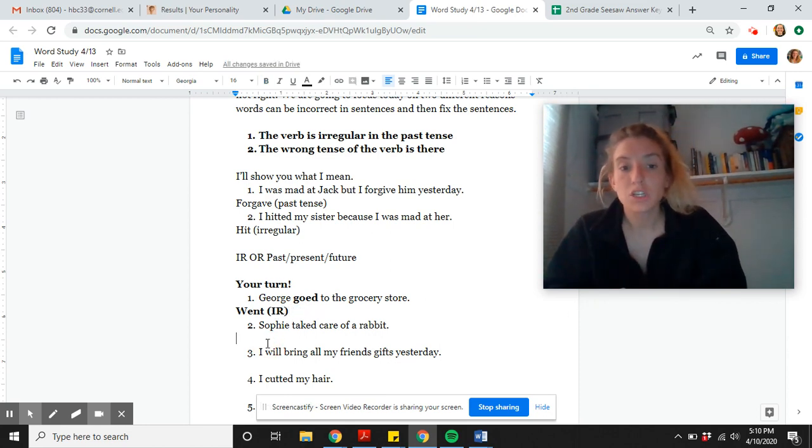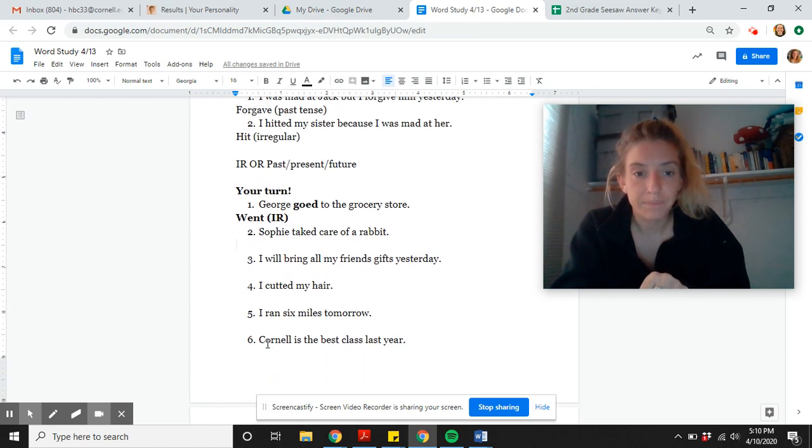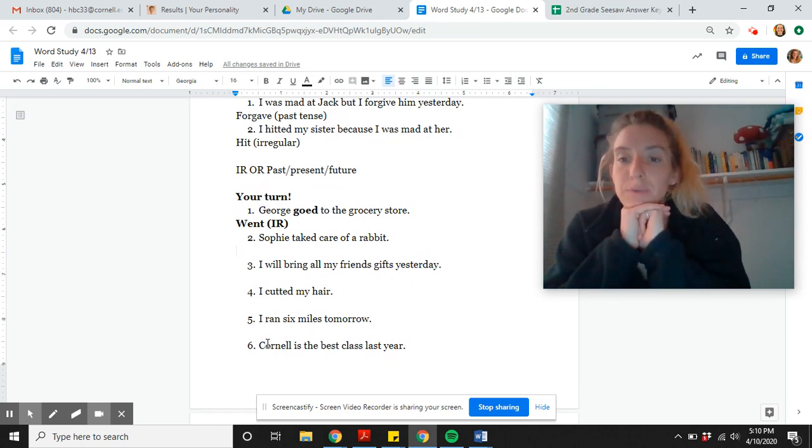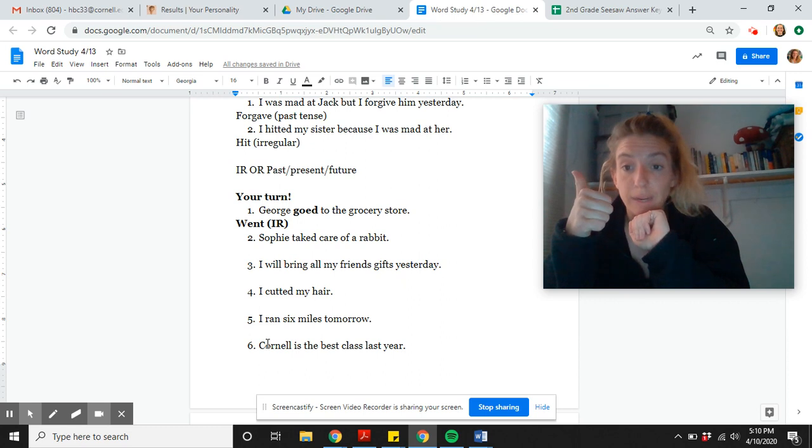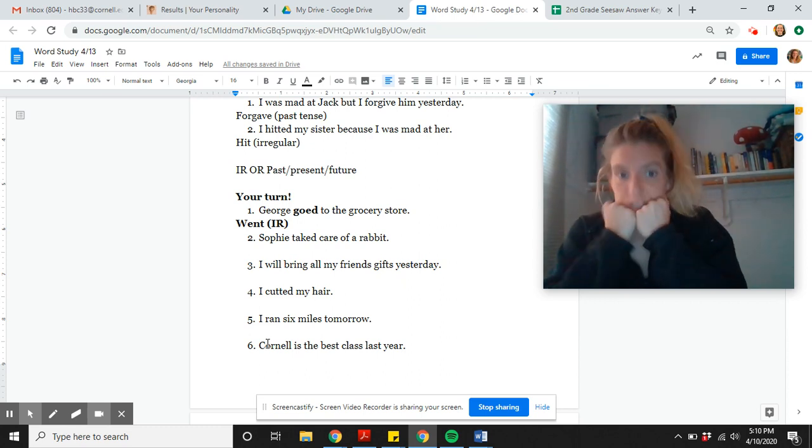Number 2, Sophie takes care of a rabbit. Take a second to see what word you need to change in this sentence and figure out, is it wrong because it's irregular or is it wrong because it's in the wrong tense? Sophie taked care of a rabbit.